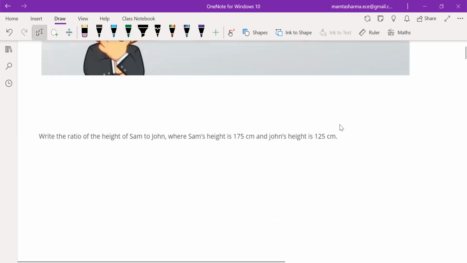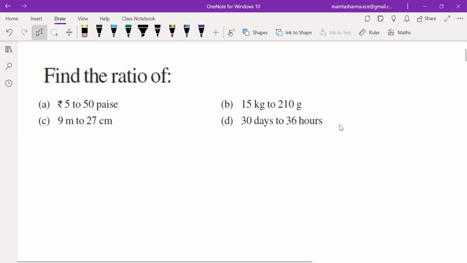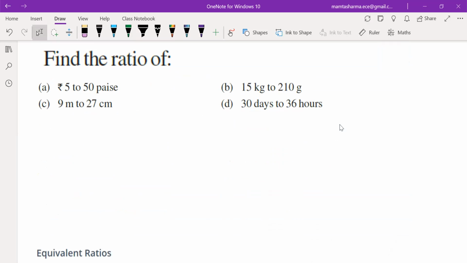Now see. If I say find out the ratio of the first one, A, 5 rupees to 50 paise. 5 into 100, divided by 50.